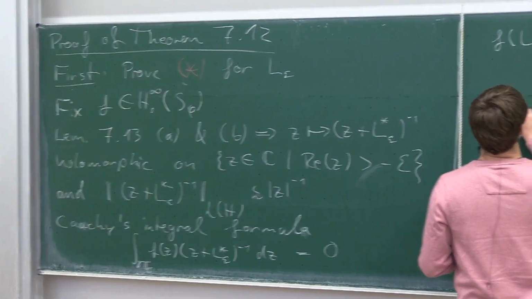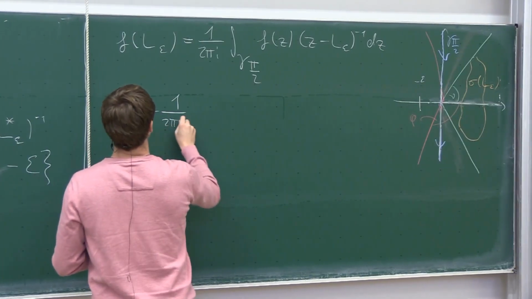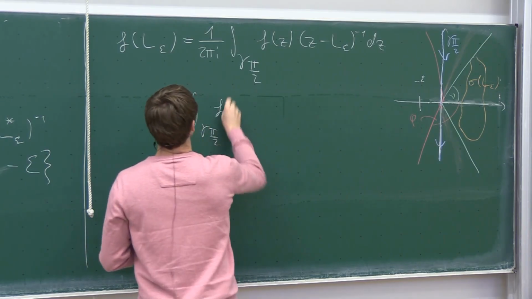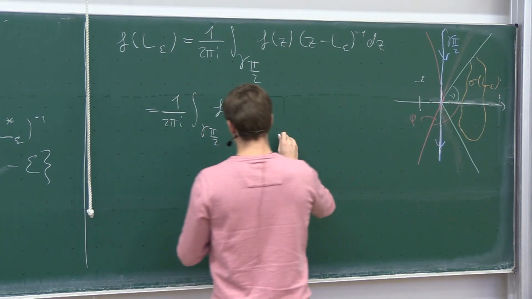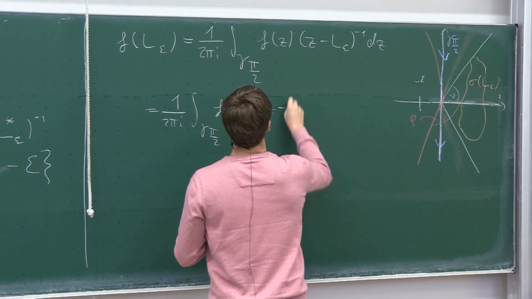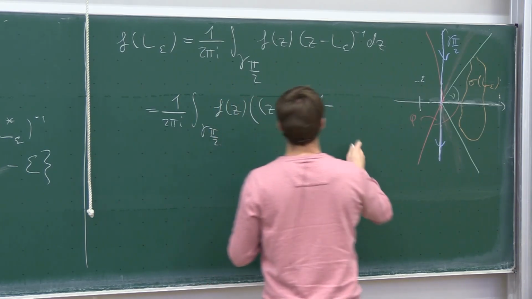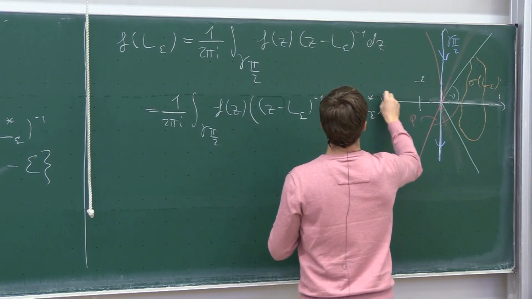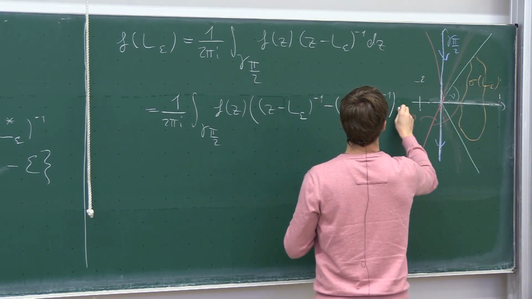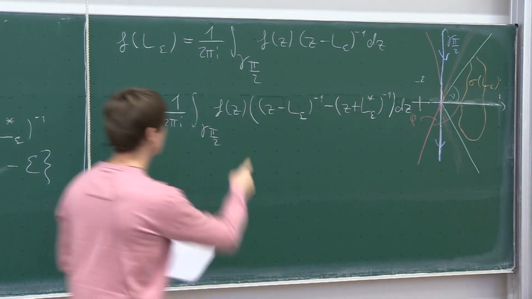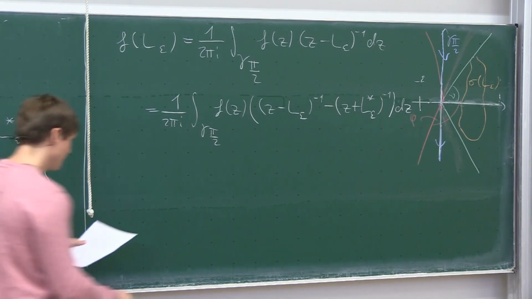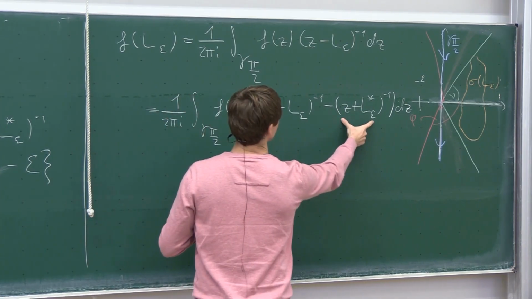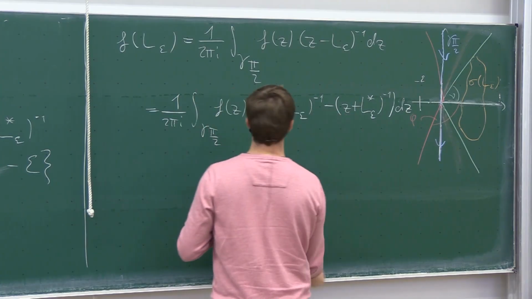Okay, so this coincides with 1 over 2πi times the integral over γ_{π/2} of f of z times, now we have the resolvent of z minus L_ε minus (z + L_ε*)^{-1} dz. Okay, so this is just the formula we had before. And now we do the same trick as before. We take out the operator to the left-hand side and the other to the right-hand side.